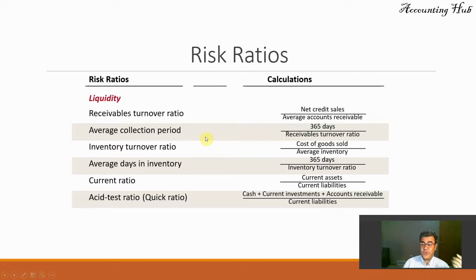And then we translate it into number of days, that is the average collection period: 365 days, if we are working with annual statements, which is usually how we work, divided by the receivables turnover ratio.